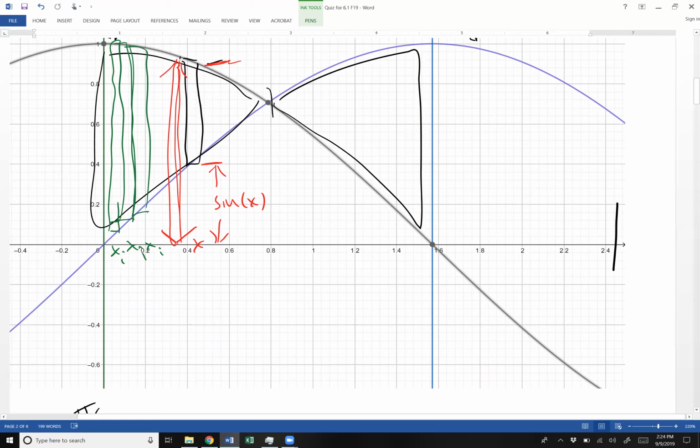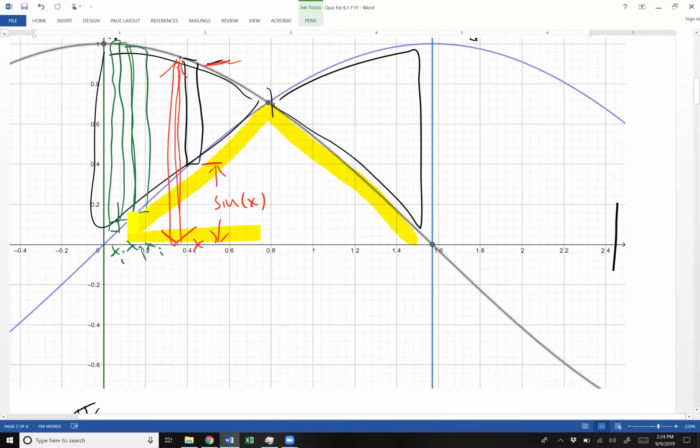Maybe. Yeah, you're wondering, why not that area, right? So that area isn't bounded by the curves that we listed. So it's not captured between those.